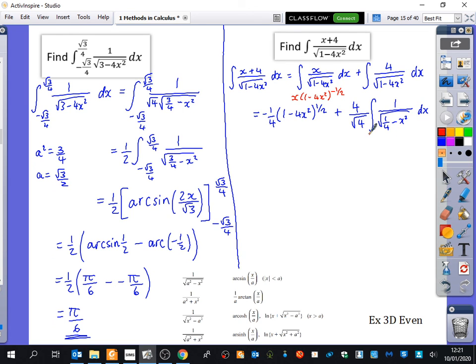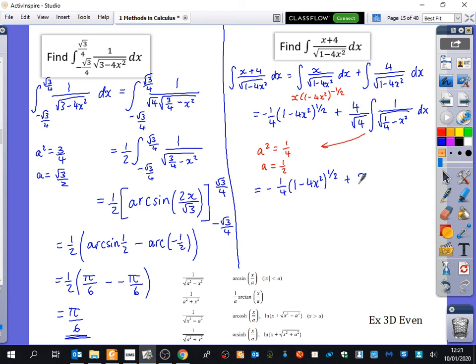Now for this little bit, a squared is a quarter, so a is a half. So when I come back to this, I get minus 1 over 4, 1 minus 4x squared to the half, plus, what's 4 over root 4?